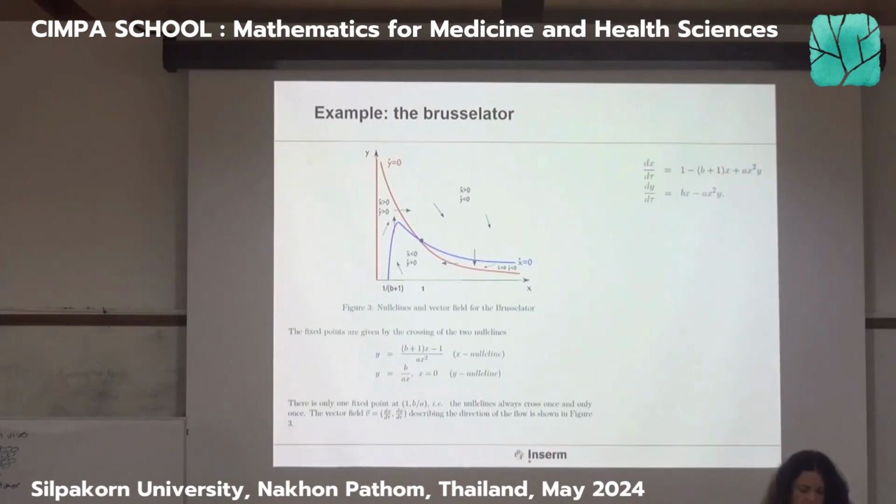The formal definition of the vector field is just x dot and y dot. And you can compute the direction of your arrows by looking at the sign of your derivative.